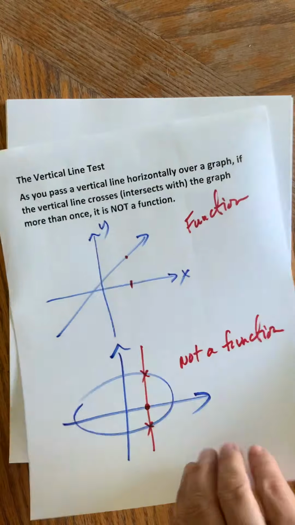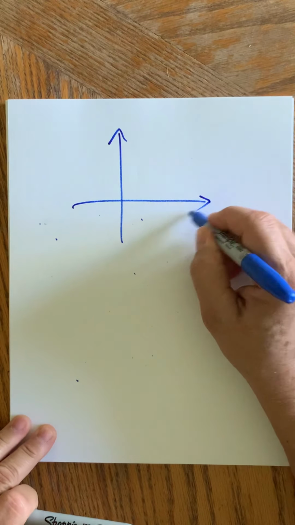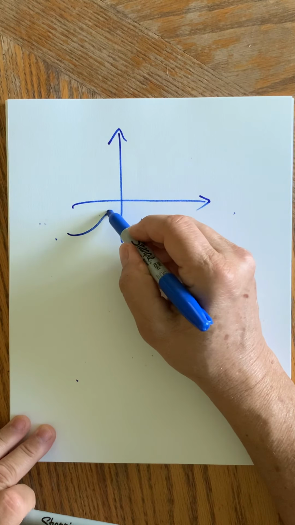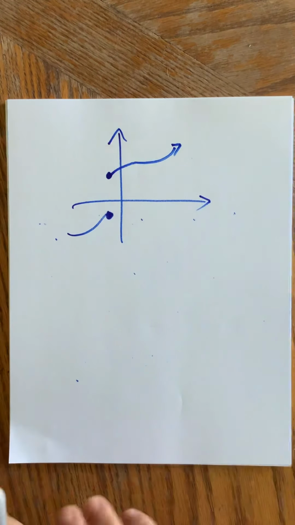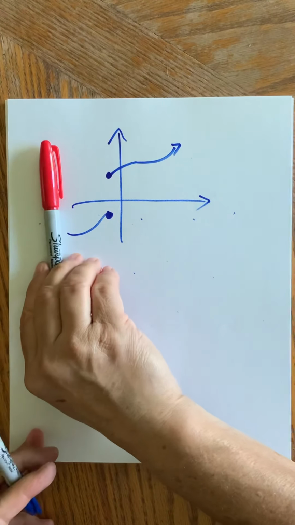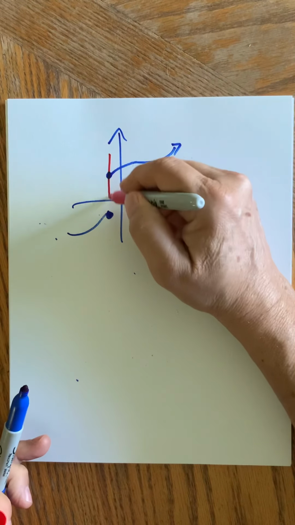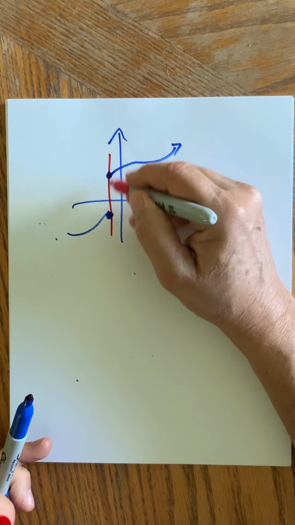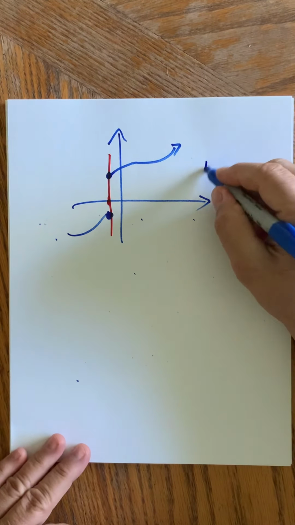And let's take a look at something else here. Let's say I had something like this. And as I scan, it looks like it's a function everywhere except for here. Right here, I have 2 outputs for this one input. So this is still not a function.